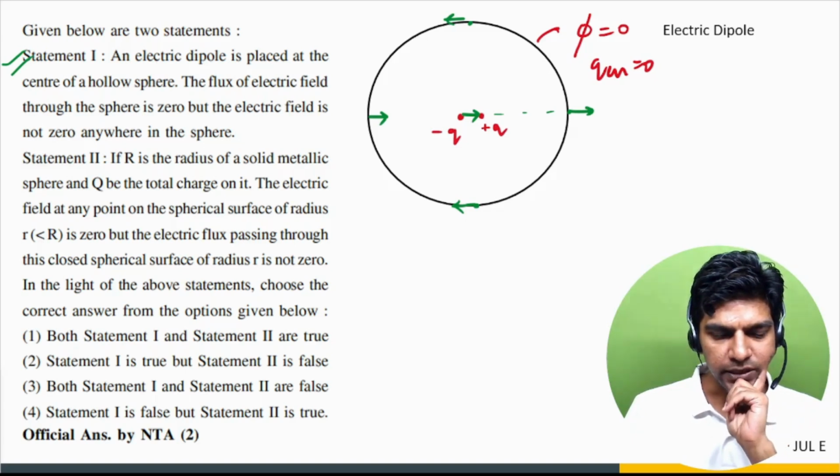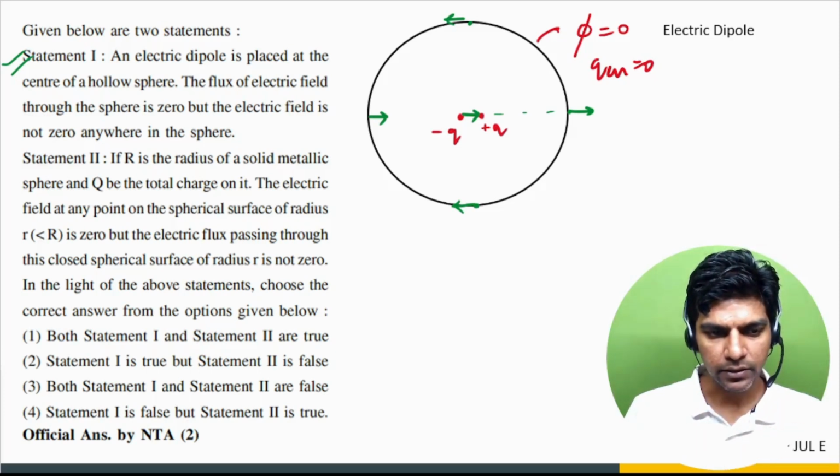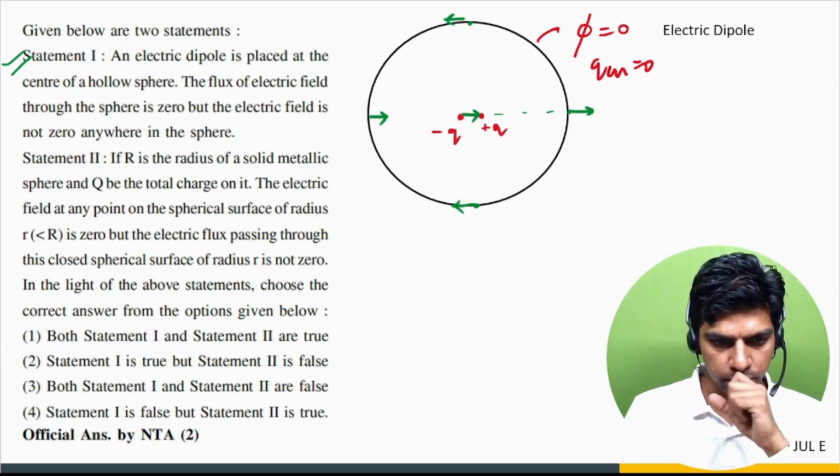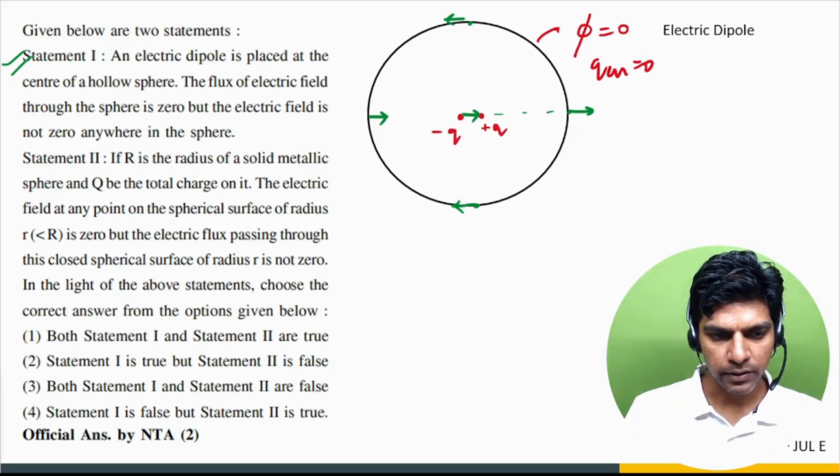Now statement 2: if r is the radius of the solid metallic sphere and q is the total charge on it, the electric field at any point on the spherical surface of radius r is 0, but the electric flux through this closed spherical surface of radius r is not 0. Okay, right, so let us see.